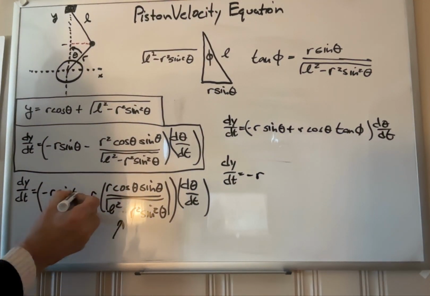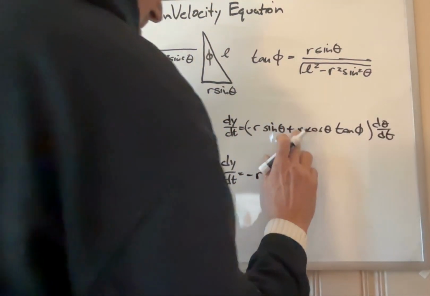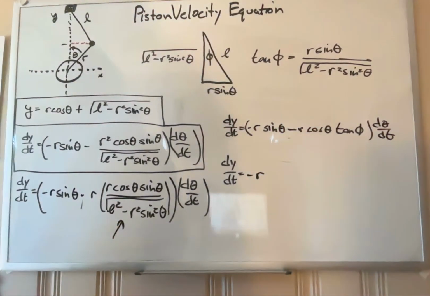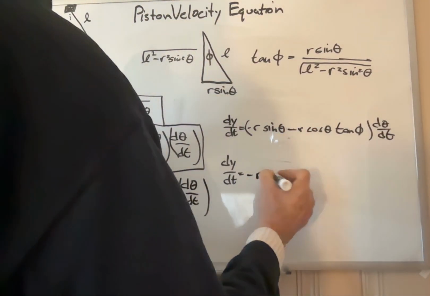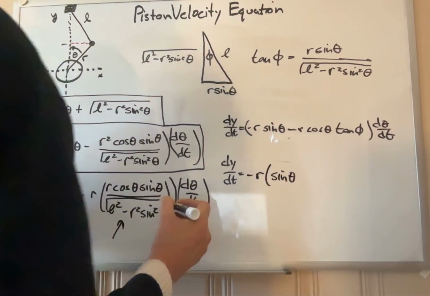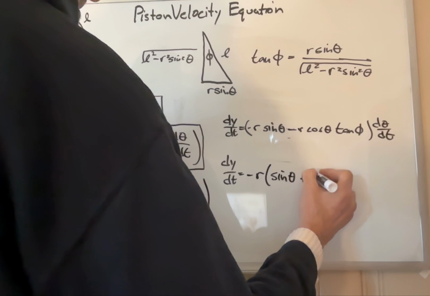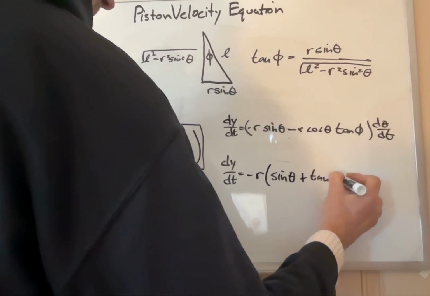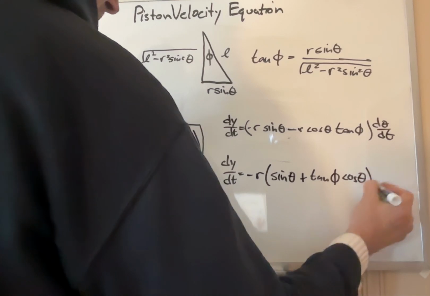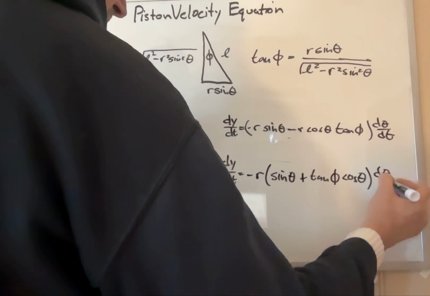So factor out our negative R, we get sine theta plus tan phi cosine theta, times d theta dt.